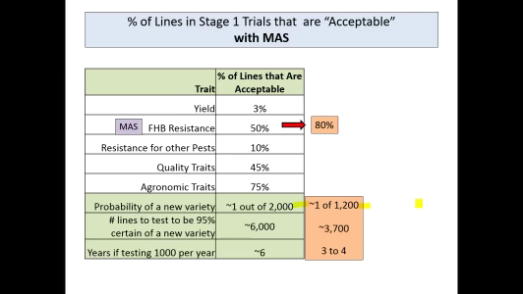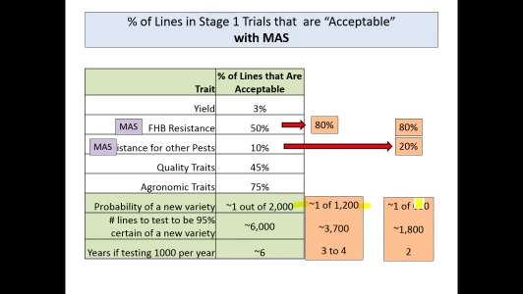So that's a lot less time and a lot more efficient than if I did not do marker-assisted selection for that gene. And as long as I'm doing marker-assisted selection, now let's say I do marker-assisted selection for resistance to some of my other diseases. Now instead of only 10% being acceptable for resistance to all those diseases, now I'm up to 20%. I take 3% times 80 times 20 times those other numbers. Now my probability of the frequency of finding a new acceptable variety is 1 out of 600.